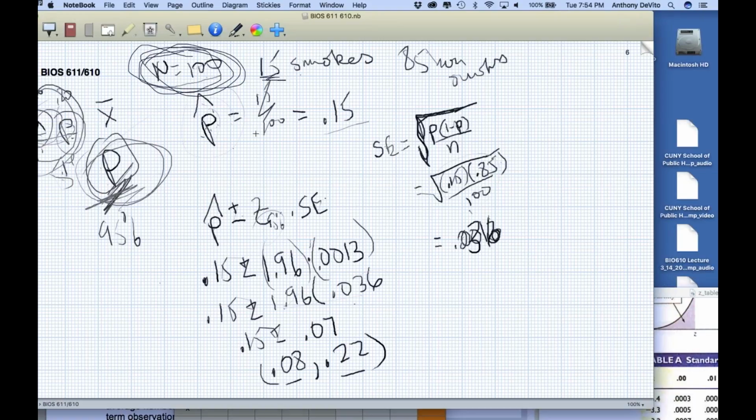Our n times 1 minus p, 0.85 times 100, is 85 people. Our 85 people is greater than 5. So both of these have to be greater than 5, and our sample size has to be large. Maybe a good minimum sample size might be 100. Sometimes you'll see situations where people say maybe a little bit smaller sample size is fine.